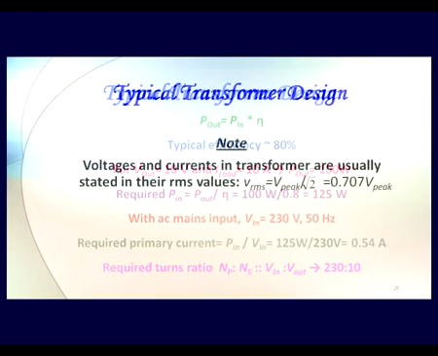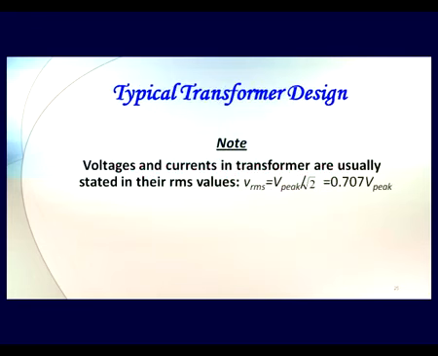One important thing we should remember about the transformer is that the transformer voltage and current ratings are stated in the RMS or the root mean square values of the actual current and voltage. So if you want to talk about the peak amplitude of the voltage or current, for that matter, handled by the transformer, you have to always multiply the value of the voltage stated by root 2 so that you get the peak value.